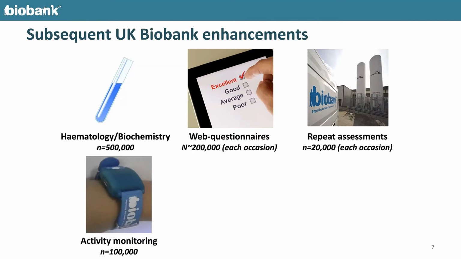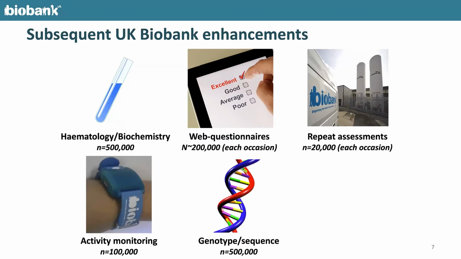And we've gone back to a subset of that cohort to look at seasonal variation, where a proportion of participants have worn one of these devices 4 times a year to look at variation across the seasons. And again, all of those data, both the raw outputs plus the summary metrics, are available within the resource today.